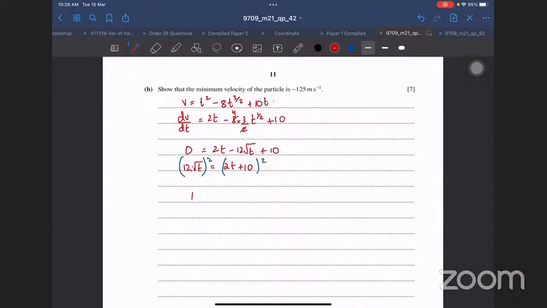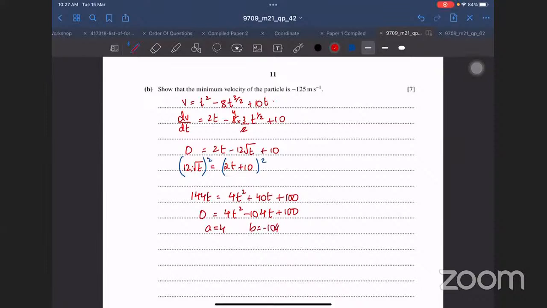Then I have 144t, 40 squared, 40t plus 100, 40 squared minus 104t, plus 100. Then I use my quadratic formula.